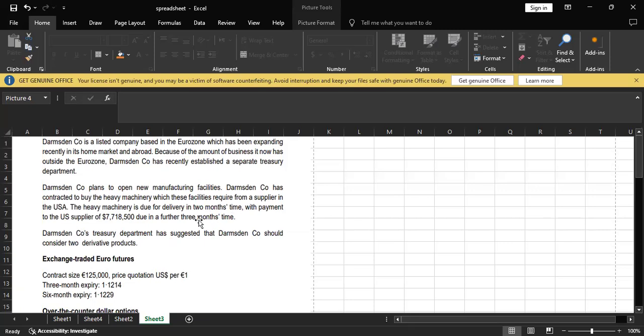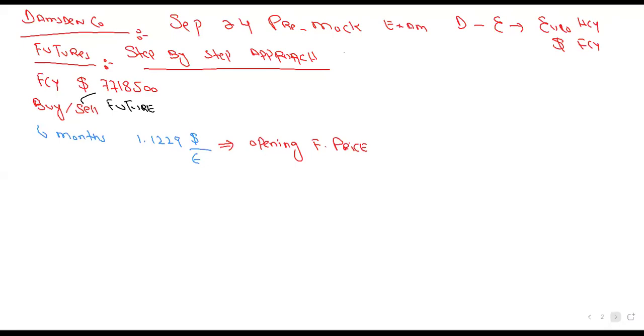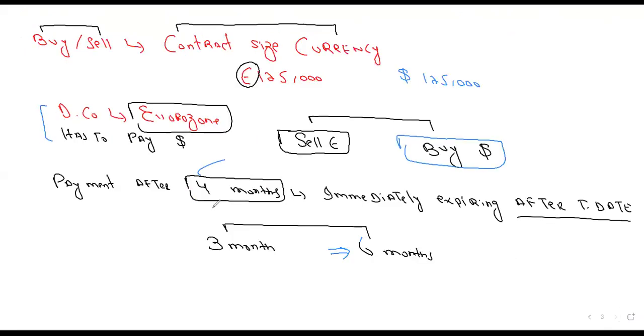If we make it more clear, we are saying delivery after 2 months and a further 3 months to pay.